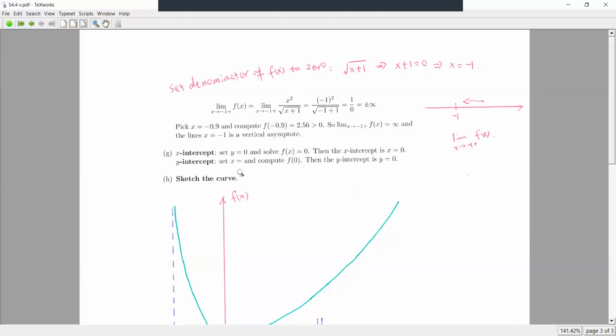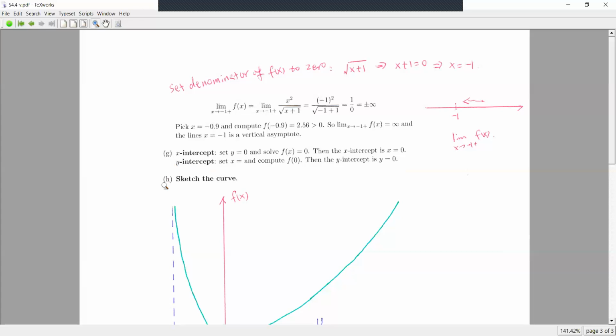To find the y-intercept, set x to 0 and compute the function value at 0. Plug in 0 for x, the function value at 0 is 0. So the graph also crosses the y-axis at the origin. This is step number 7.